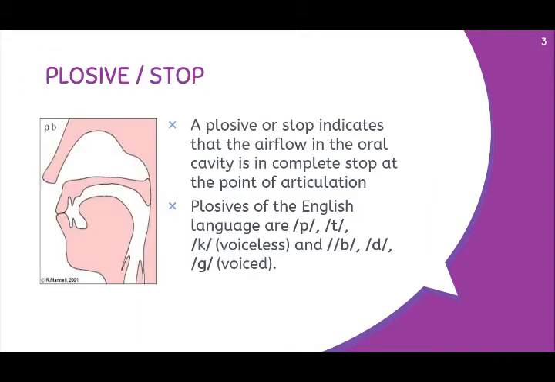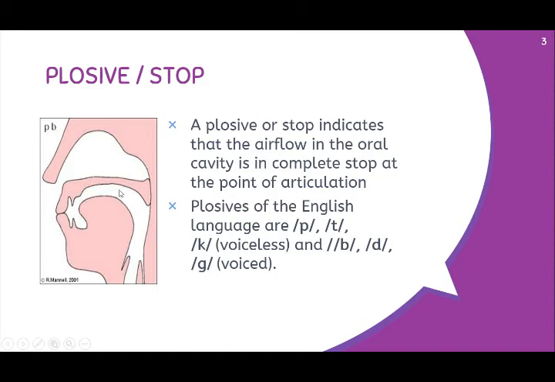Manner of articulation is divided into 6 types. The first one is plosives, or some people call them stops. A plosive or stop indicates that the airflow in the oral cavity is in complete stop at the point of articulation. Jadi plosive atau stop itu mengindikasikan bahwa aliran udara itu sepenuhnya berhenti di dalam oral cavity.